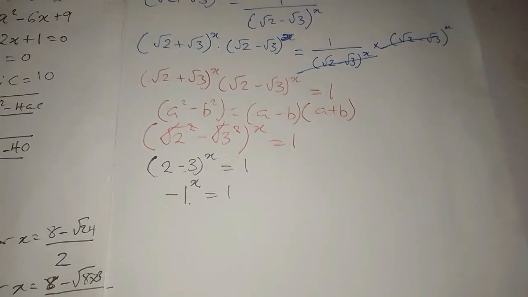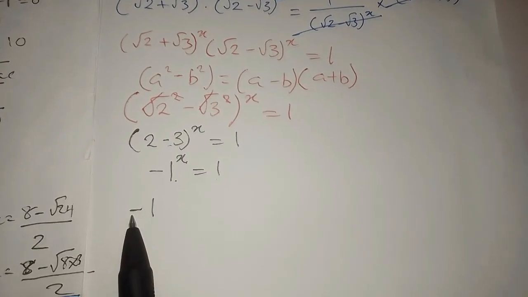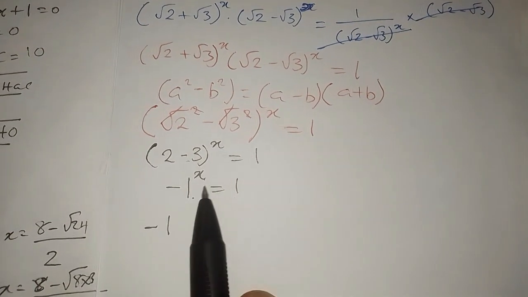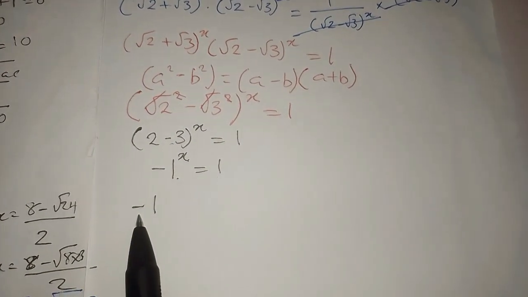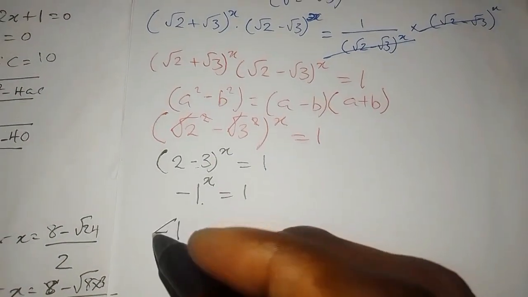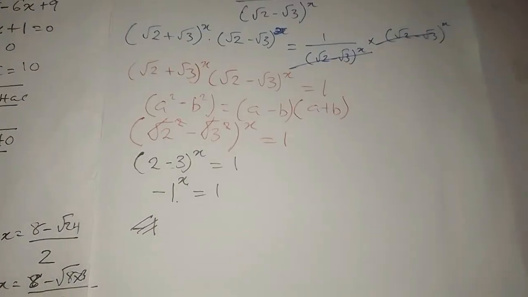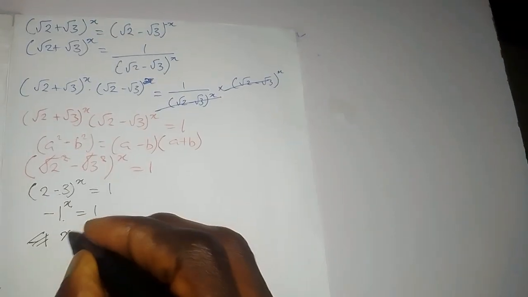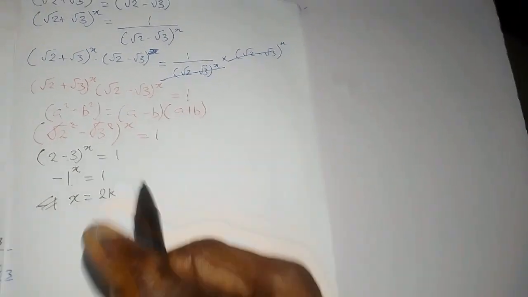Because if I do −1 raised to power any even number, it will give me +1. But if I do −1 raised to power any odd number, I'm going to get −1, which means x can never be an odd number, it will be an even number. That means I can say x equals 2k, and k is any integer 0, 1, 2, 3, 4, 5, 6, 7 to infinity.